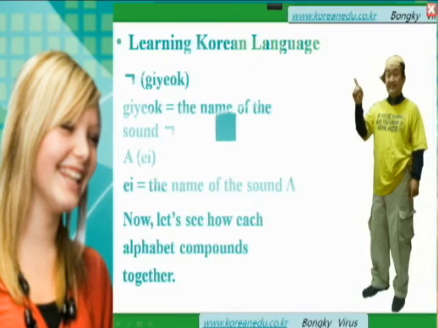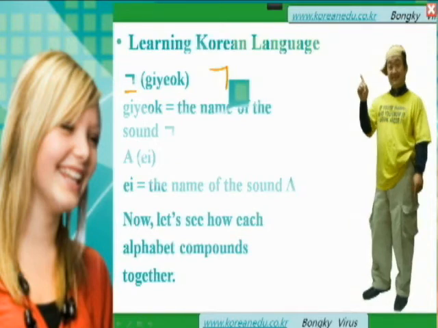Let's see. The first consonant, 기역. When you write it, it goes here. Don't worry now about how to remember and memorize all the consonants and vowels in the Korean alphabet, because in the next sample and next class, we will focus on consonants and vowels. So step by step, as I said in the instruction, I'll go by that.